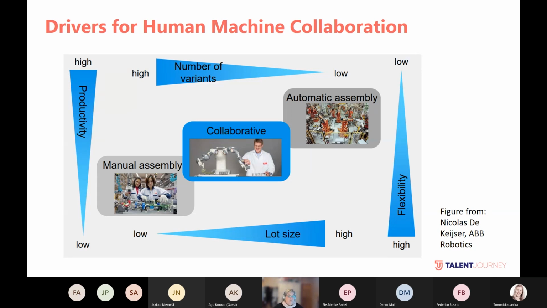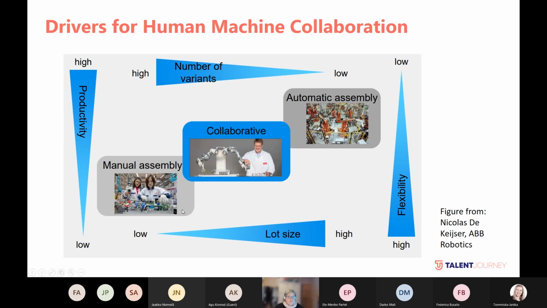When manufacturing low lot sizes, like here, but a wide variety of variants, the work is still often done manually. Then it is known that productivity will be low, but at the same time, it is possible to do production very flexibly.